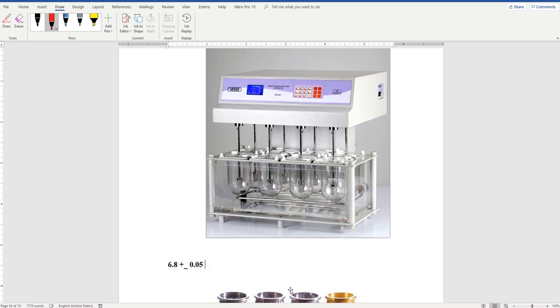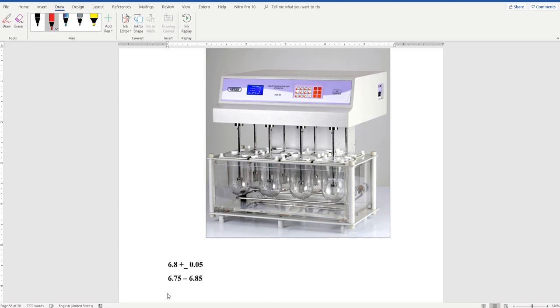That means the pH can be from 6.75 to 6.85. That's all. Okay, why?